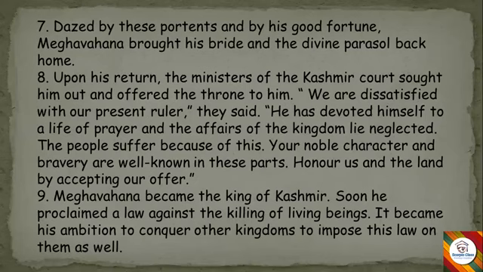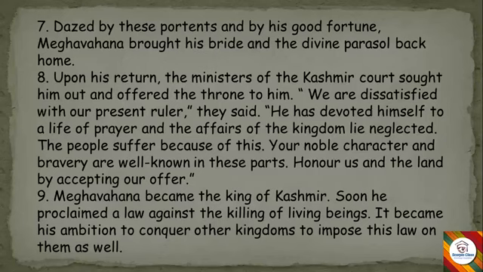It is not going smoothly, and people are suffering because of this. And we have heard so much about you. You are so brave, and of such noble character. So please accept and honor us by taking this land and becoming the king of this region. So Meghavahana became the king of Kashmir.